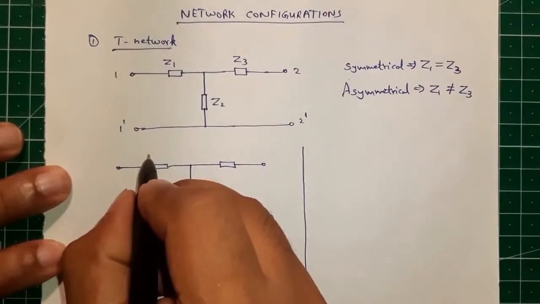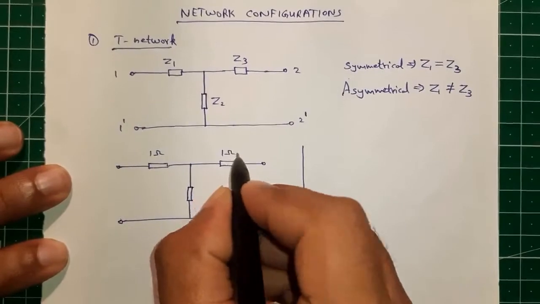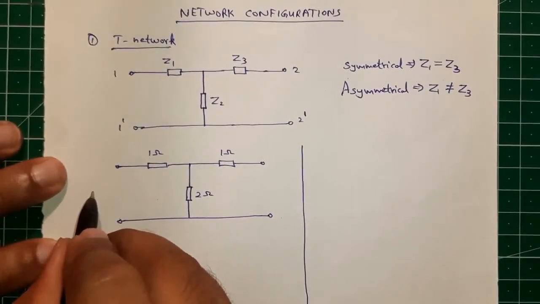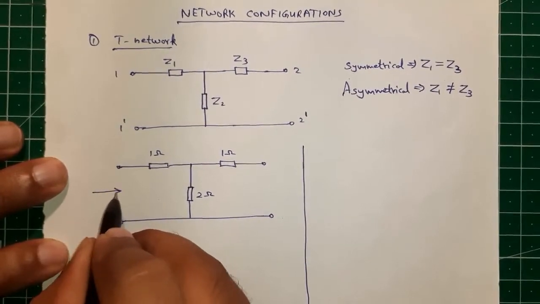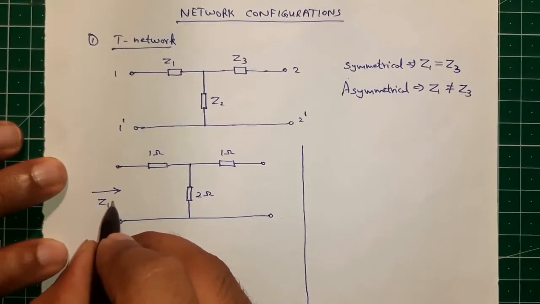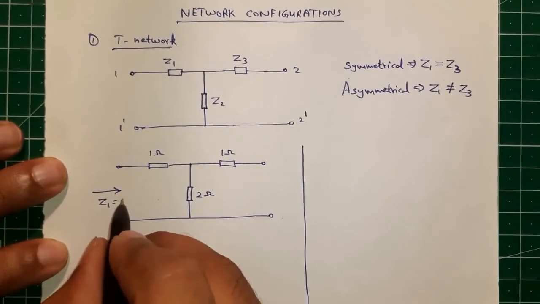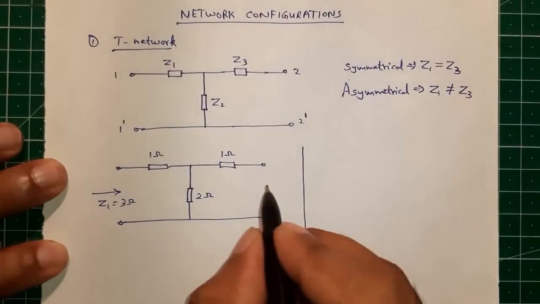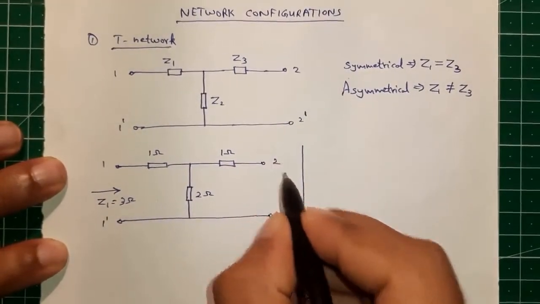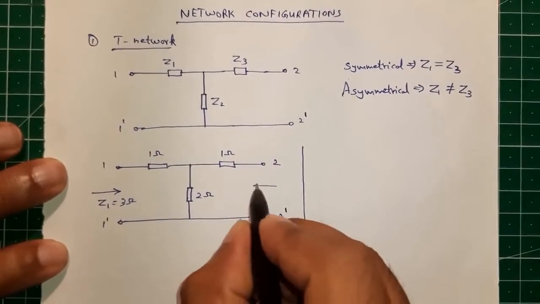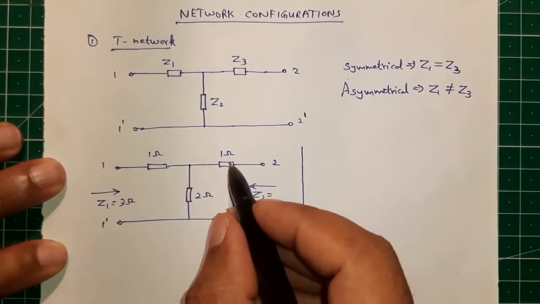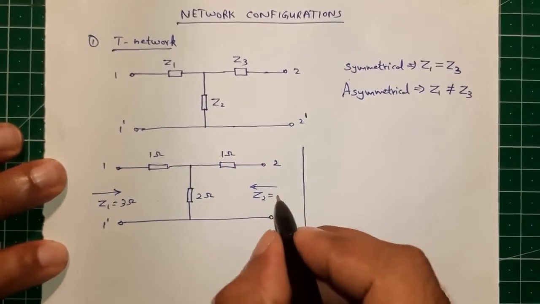Let's take a very simple example: this is 1 ohm, this is 1 ohm, this is 2 ohm. When we look at the input side, the input impedance is 3 ohm. That's when we look from 1 dash. When we look from the output side 2 dash, you can write the impedance of this 1 ohm in series with this 2 ohm, which is 3 ohm.